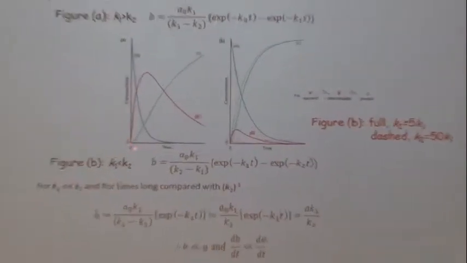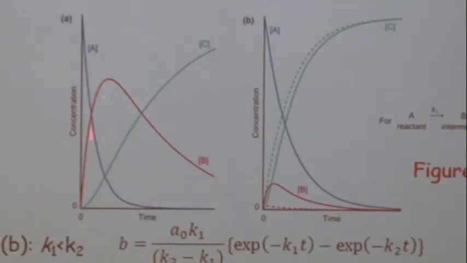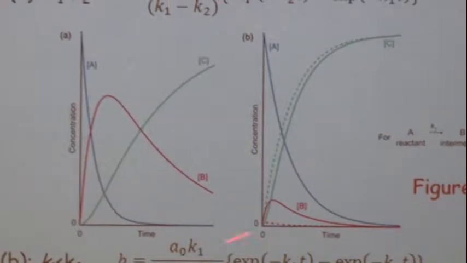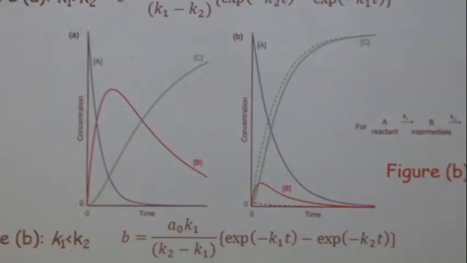If the timescales for B being formed and B going away are similar, you'll make a lot of B. But if B has a very fast decay rate, it will only go a little bit and stay very small. Its rate of change is very small because it's basically flat almost after the initial transient. That's the normal situation for radicals. They're like this dotted line here. In that limit, you can use this equation and get an estimate of the concentration of B. And it's pretty accurate.